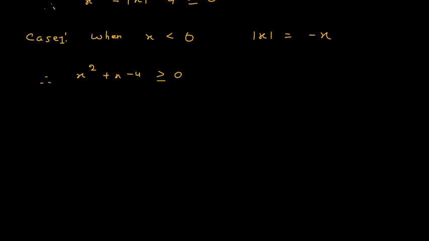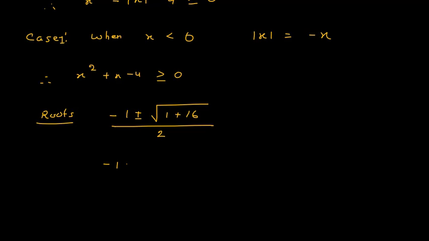Now here in this equation, if you find a root, meaning for which this whole thing is 0, the roots will be minus 1 plus or minus root of b square minus 4ac, it will become plus, upon 2. So that is minus 1 plus root 17 upon 2, and minus 1 minus root 17 upon 2.